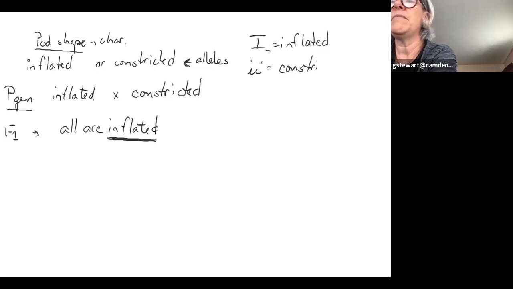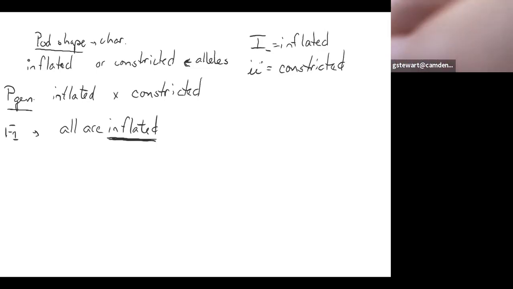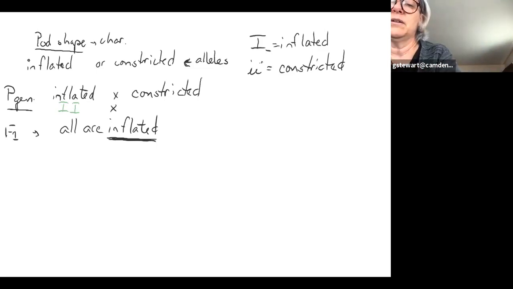That helps me remember what my P generation is. So now my P generation would be true breeders with two copies, inflated crossed with constricted. They're supposed to be I's.